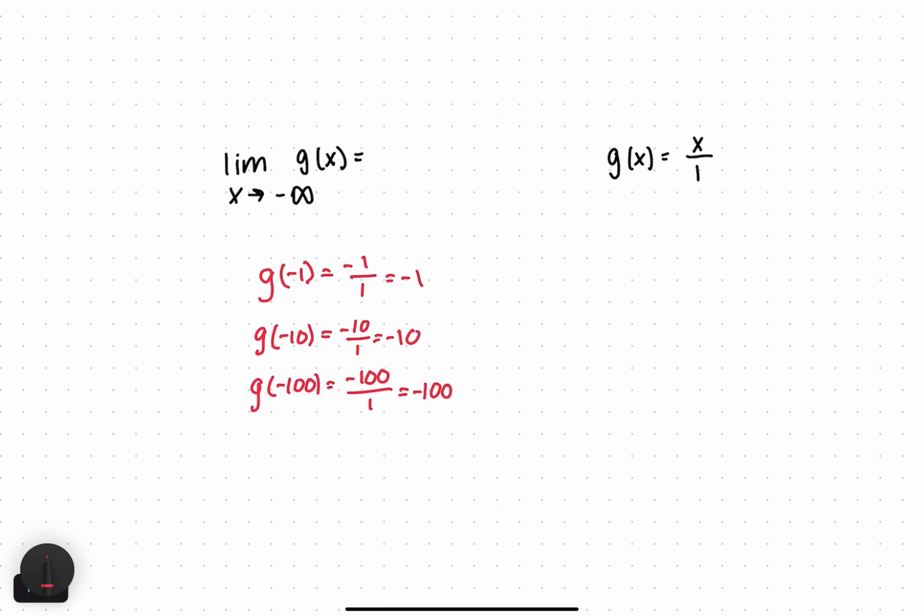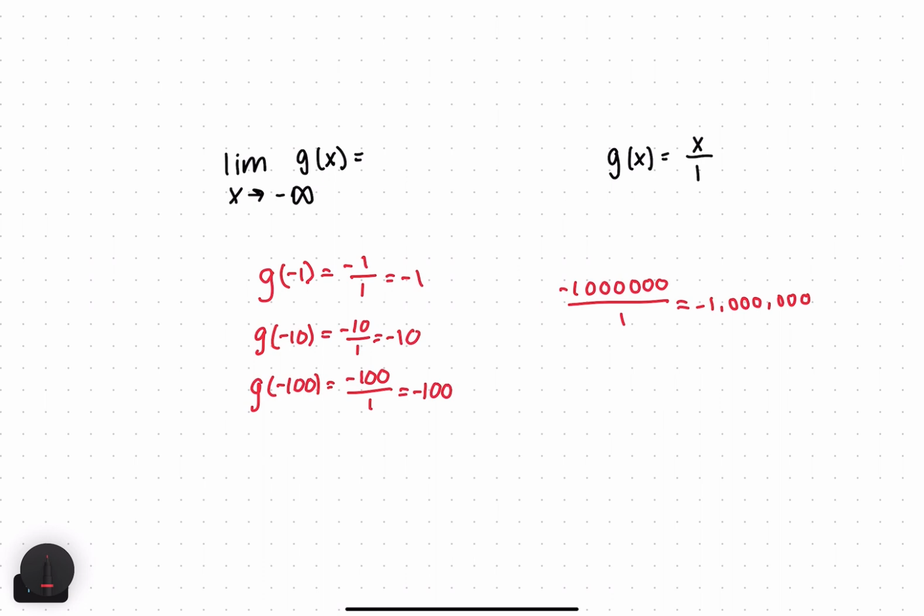And if we keep going on and on till the point where x is equal to negative 1 million, g of x will equal negative 1 million over 1, which is, of course, equal to negative 1 million.